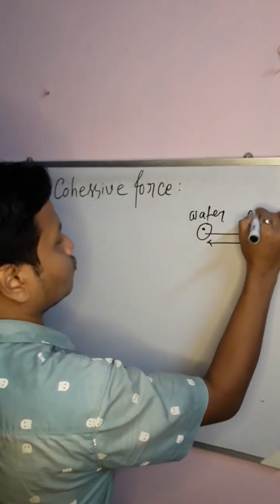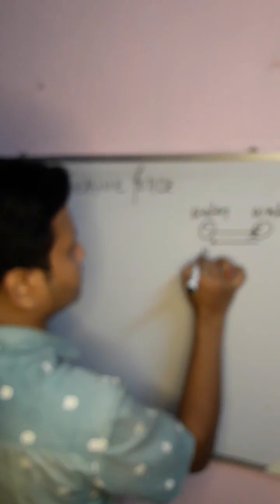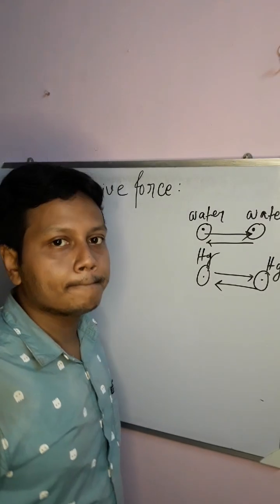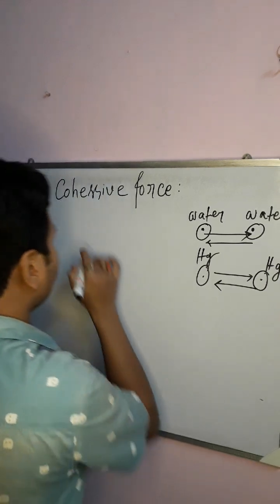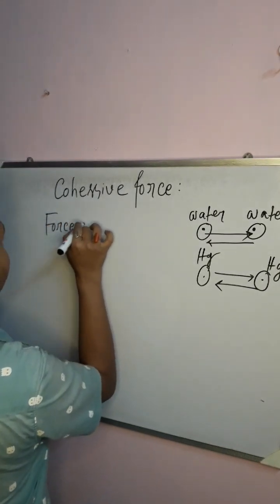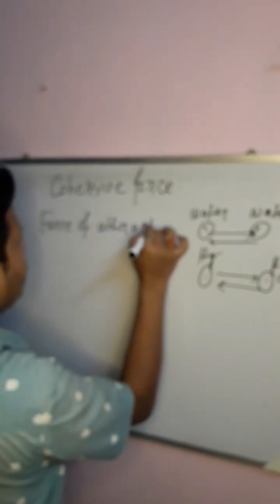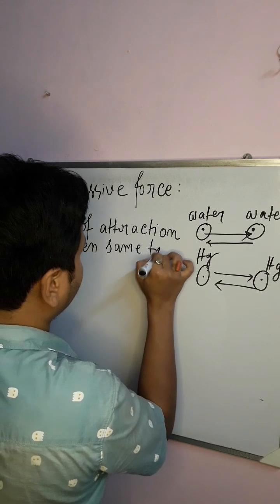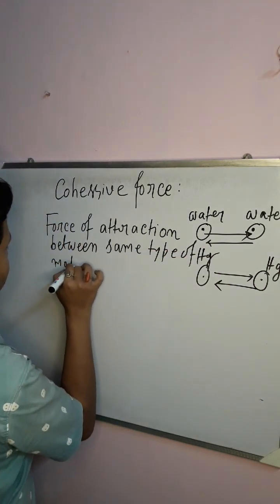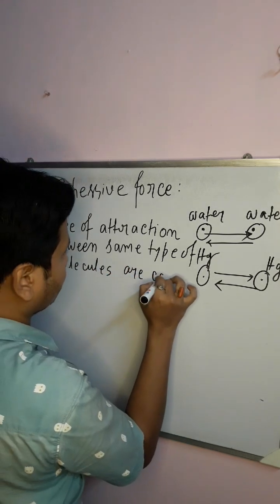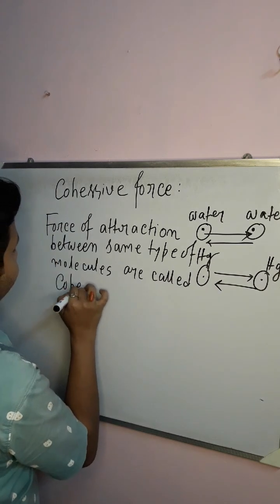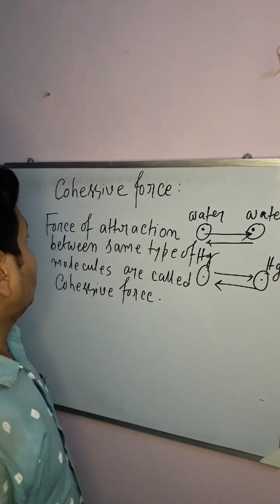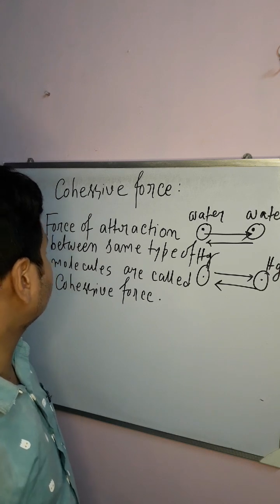Say this is mercury and this is also mercury. The force of attraction between the same type of molecules is called cohesive force.